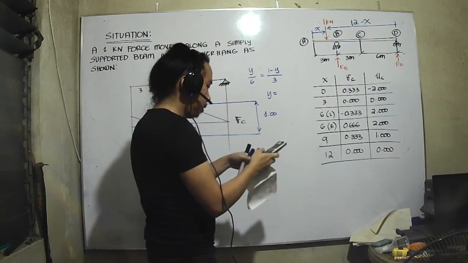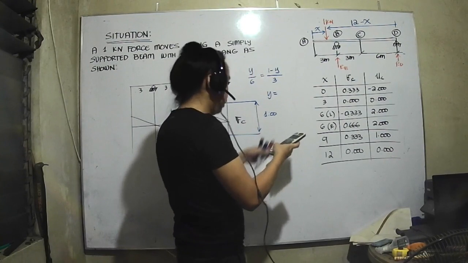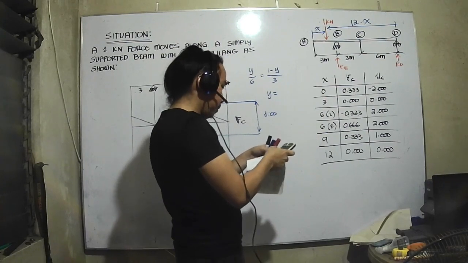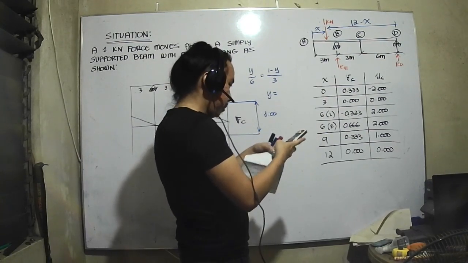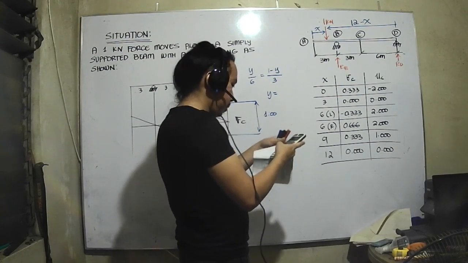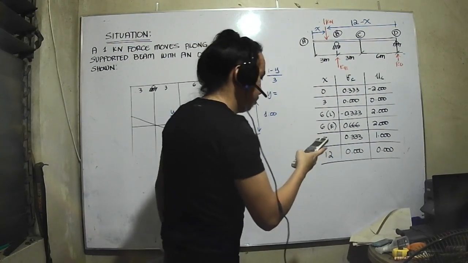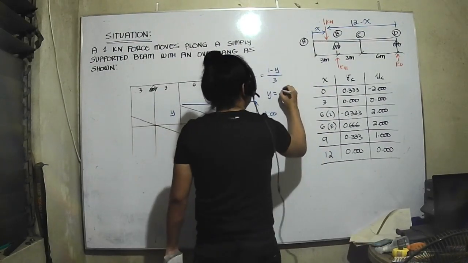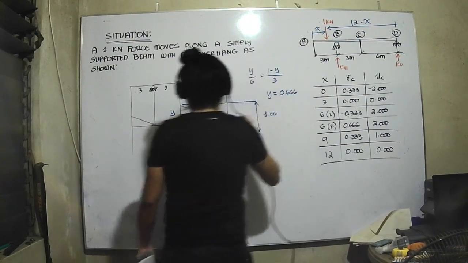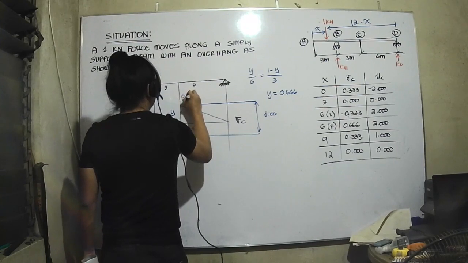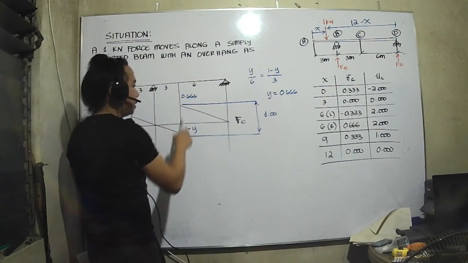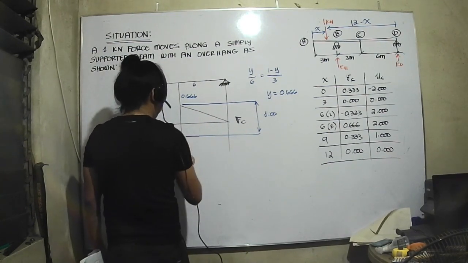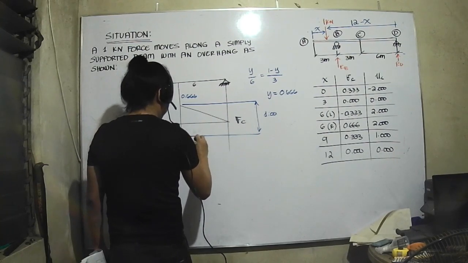Most of you do because that's a shortcut sa inyong calculator. 1 minus x over 3. Shift solve. Y is therefore equal to 0.666. Okay? If this is 0.666, this should be 1 minus 0.666, that is 0.333. Okay? But in this case, this is negative, so negative 0.333.